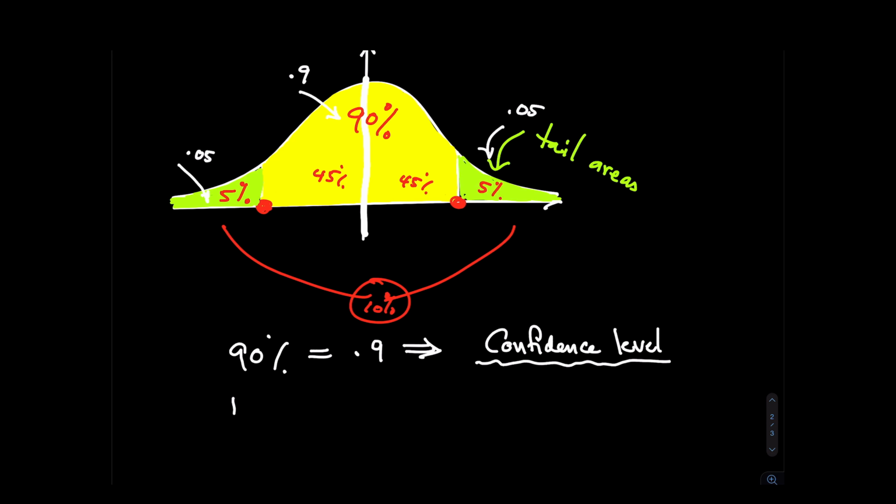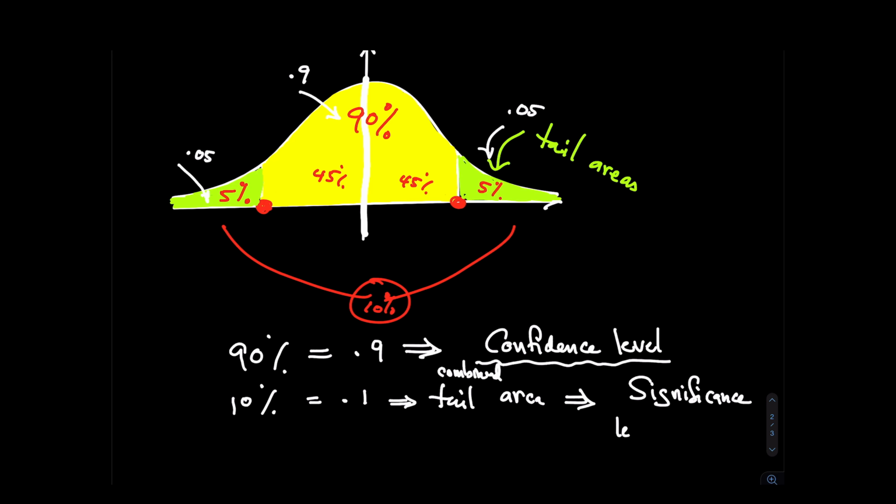And that 10% in both tails of the normal distribution, which is 0.1, the combined tail area, we call that the significance level. Now the confidence level doesn't have a symbol attached to it, but the significance level does. Significance level is called alpha.